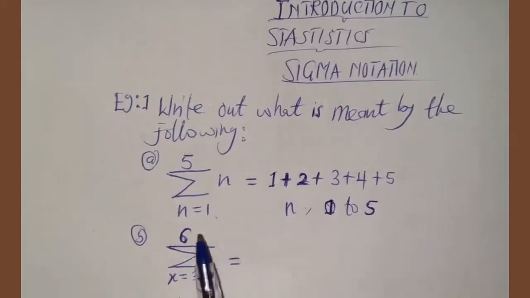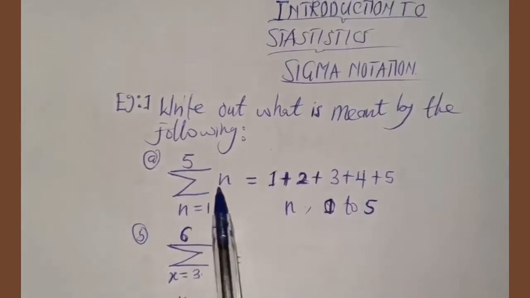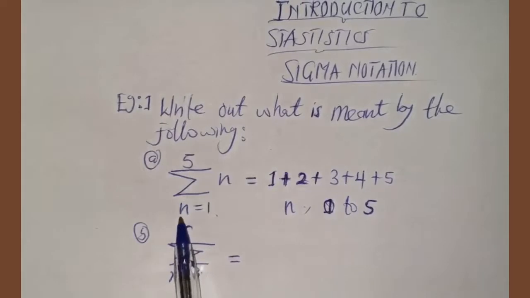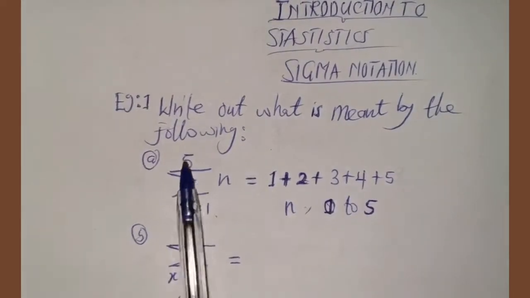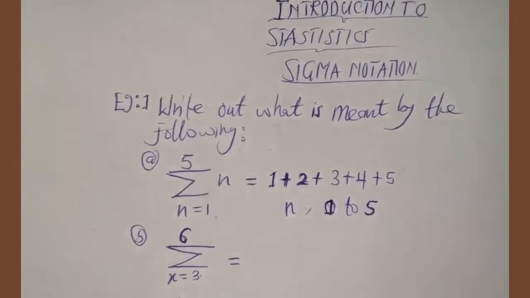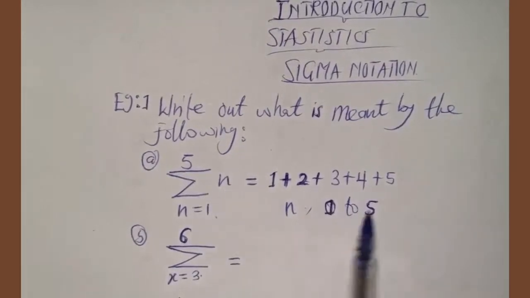Or let me use the R that we're using in general: the R should be in between the I and the N, which was at the top here from our introductory part. So in this case, it should be in between 1 to 5.